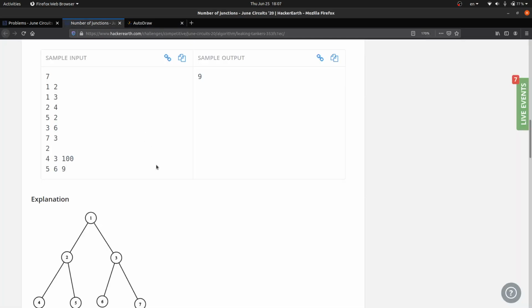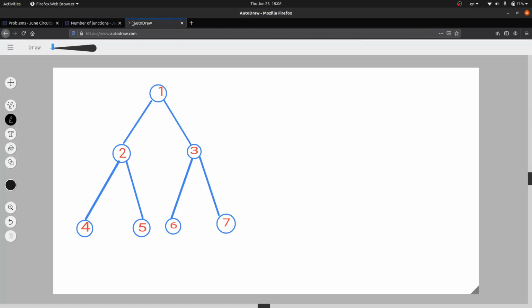Now we have to find a path from the root, the node numbered 1, to any of the nodes, such that the path has maximum oil spilled. So if this road has 3 and this road has 4, the answer would be 7.